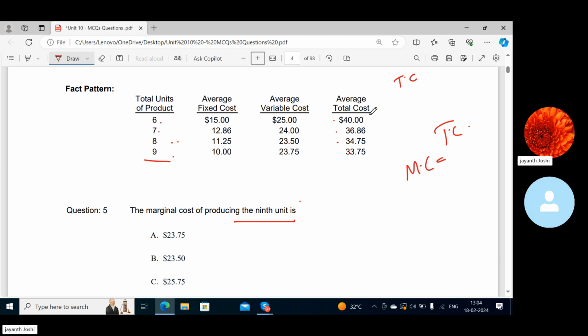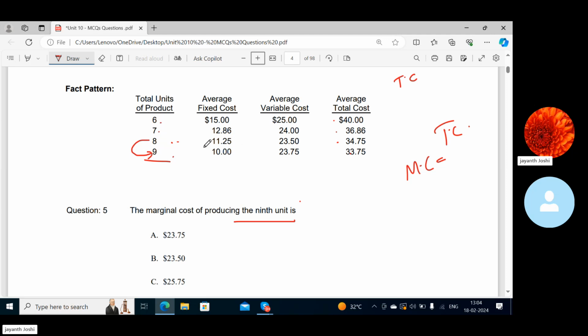For the eighth and ninth, because after producing 8 units, the extra additional unit you're going to produce is the ninth unit, right? So that extra cost you're incurring, that we want to know. Understood? Yes.